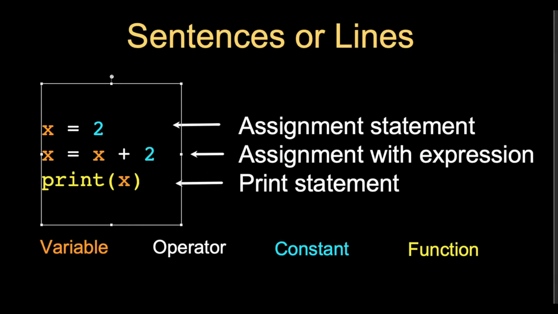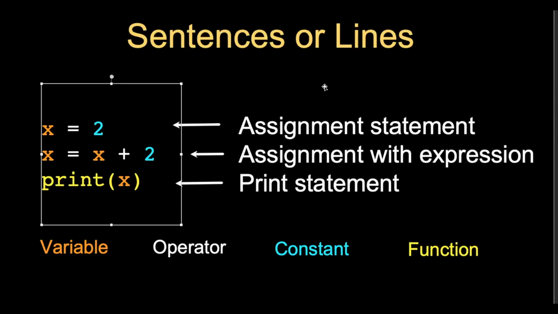So what is the expression? An expression is a combination of what we call operands and operators. Operators are plus sign, equal sign, minus sign, multiplication, division, modulus, stuff like that. When you have an operator, you have operands on both sides, or you can have an operand on one side.